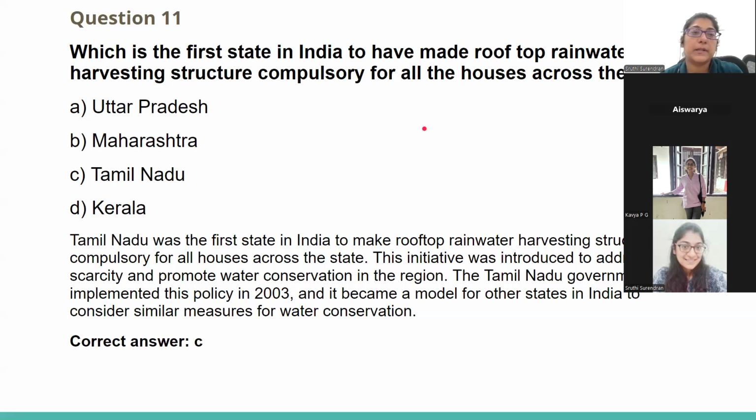The government implemented this policy in 2003. When a house is being constructed, it has a concrete roof, then it is necessary that rooftop rainwater harvesting structures be compulsory. The correct answer is option C, Tamil Nadu.